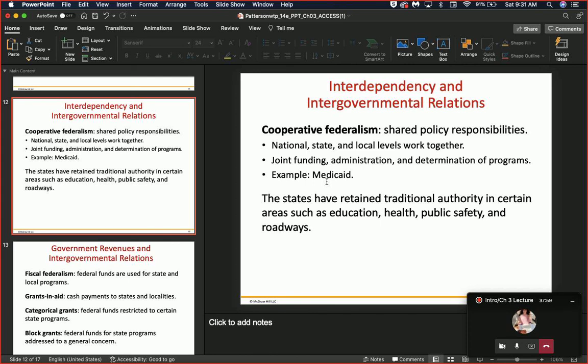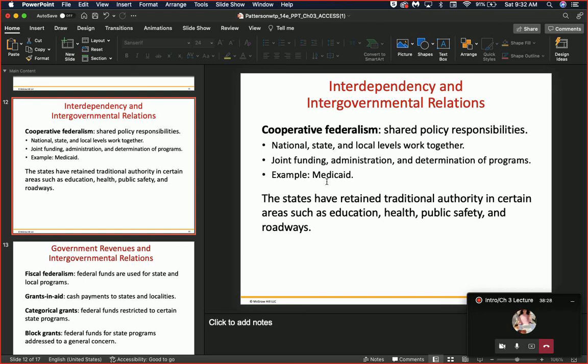Medicaid is regulated at the national level, but it is the responsibility of the state governments to actually handle the administration, meaning the giving of Medicaid to the people. So the states are responsible for the administration of Medicaid to the people. Okay, this benefit. We also see it in things like WIC, Medicare, food stamps, those sorts of things.